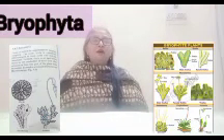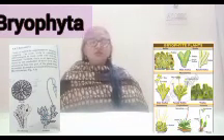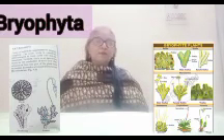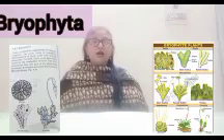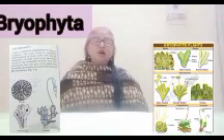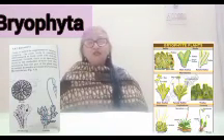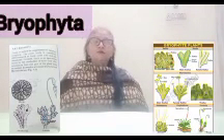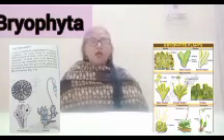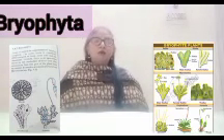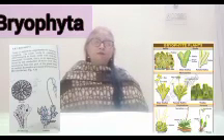They do not have transportation tissues or vascular bundles are absent. The common groups coming under Bryophytes are liverworts and mosses. Examples for liverworts are Rixia and Marchantia, and the example for moss is Funaria.